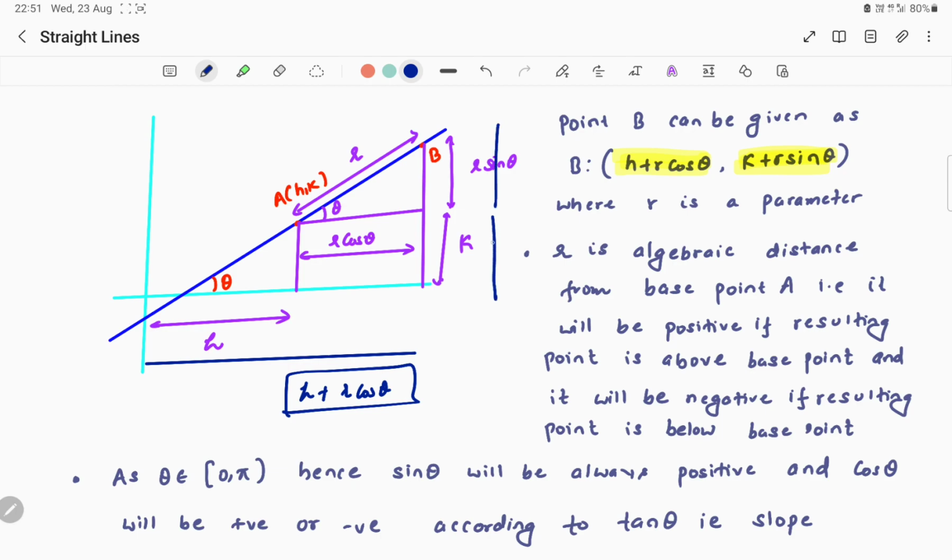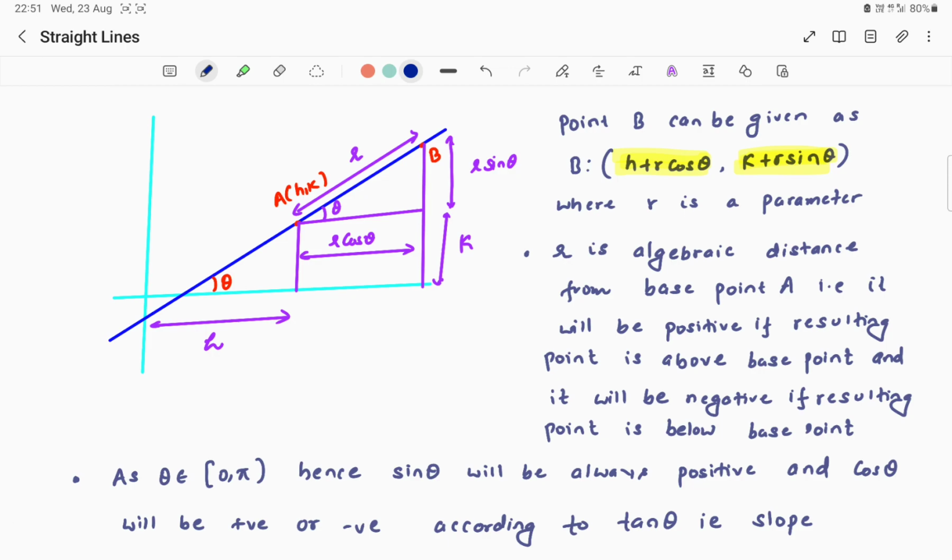This one is k, because on a horizontal line the y coordinate remains constant. And this length is r sine theta. So the y coordinate is k plus r sine theta. So any point B can be taken as h plus r cos theta, k plus r sine theta.